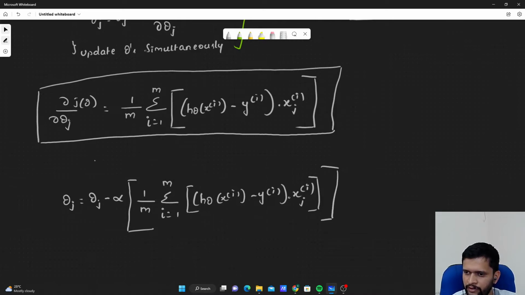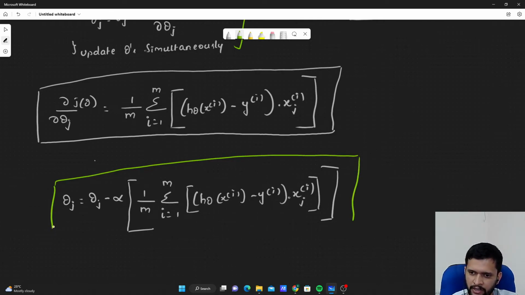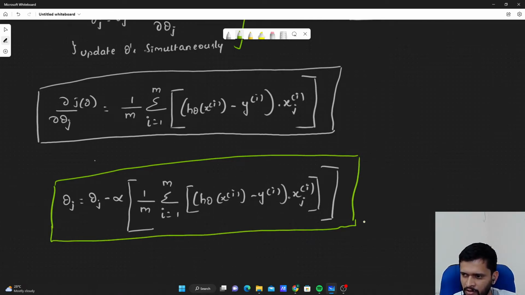We repeat these steps multiple times until we arrive at the minimum point where we have the minimum cost function.